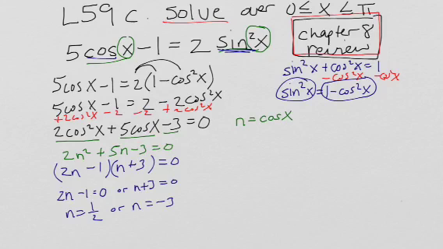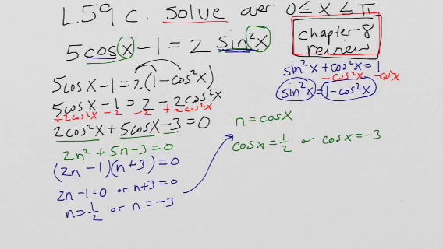So that's where we go back up here and we say, okay, let's remember what is n anyway? n is the cosine of something. So we have two cases here. Either n is 1/2, so the cosine of x equals 1/2, or n equals negative 3, so the cosine of x equals negative 3.